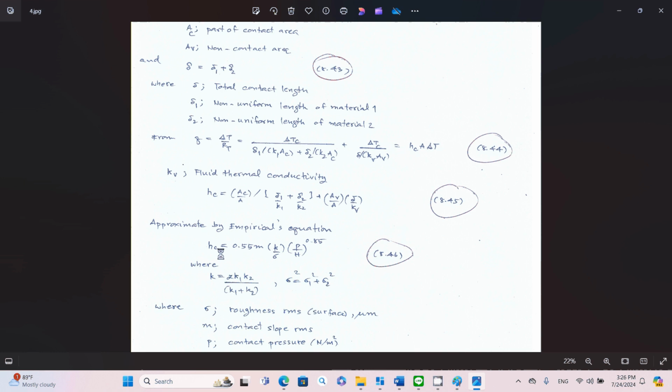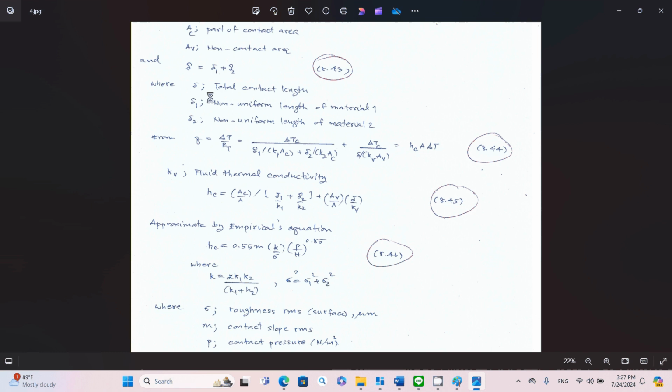You have HC, or the convection coefficient, equal to 0.55, M, where M is the contact slope, R is root mean square, K is the effective thermal conductivity of the two materials K1 and K2. And delta squared equals delta 1 squared plus delta 2 squared.